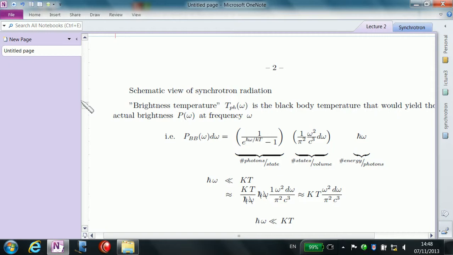Let's go back to synchrotron. It's stimulated or spontaneous emission? You said stimulated, and I said stimulated by what? Whatever makes it.